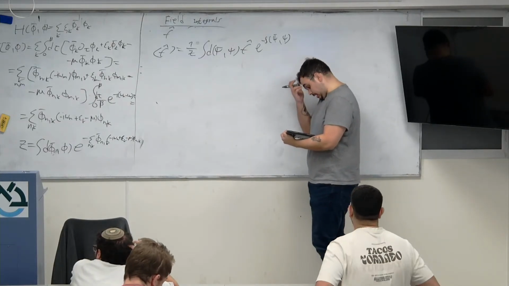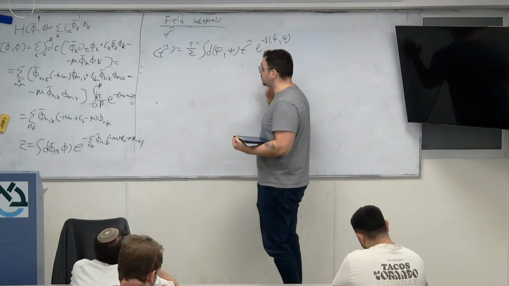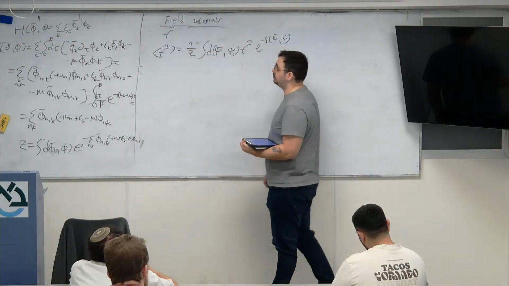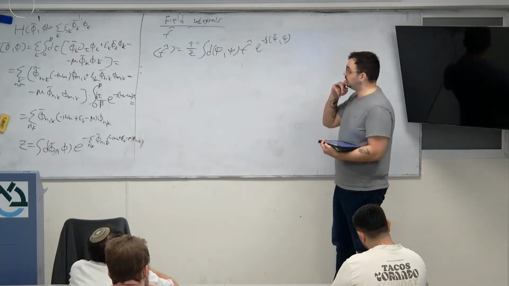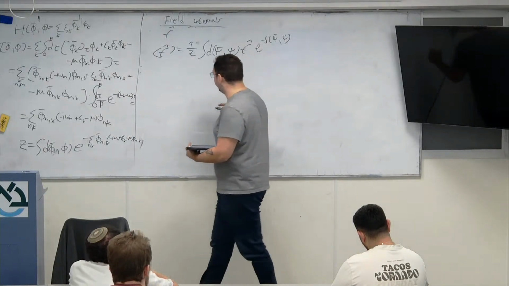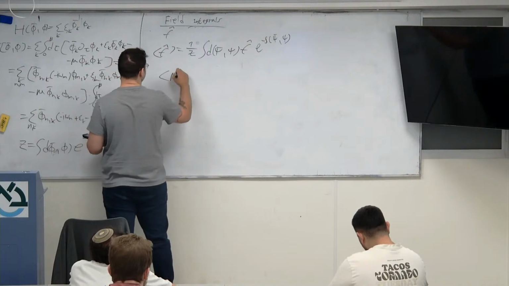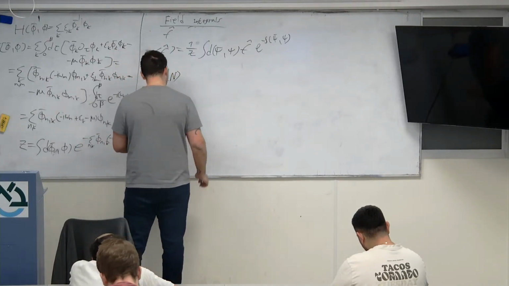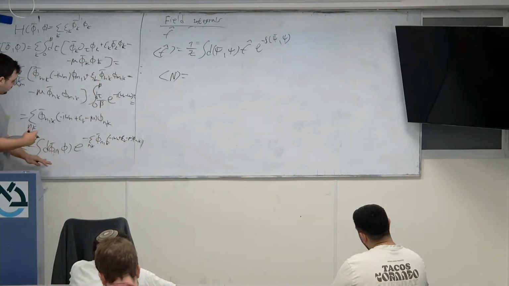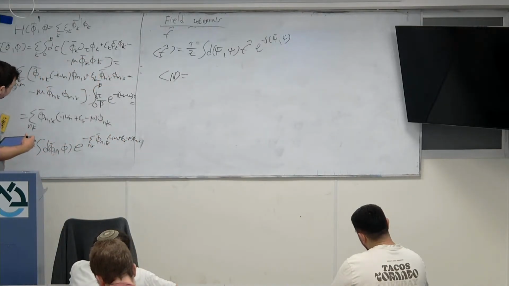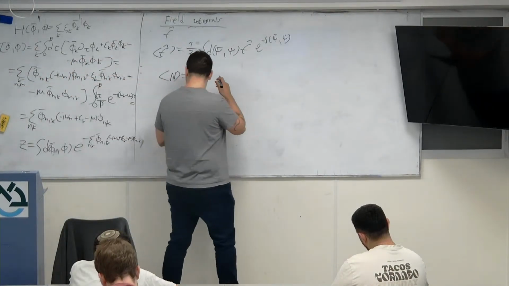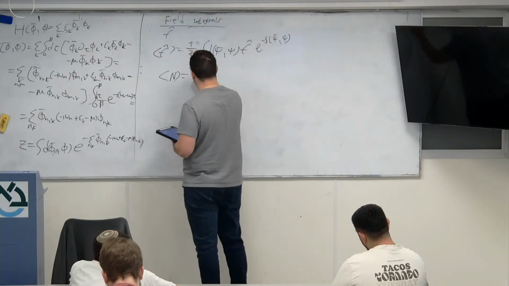Right. Now, let's try to use this to find some property of the non-interacting boson gas. For example, the number operator, the expectation value of n. Well, we saw that it's easier to work in the Fourier space. So I'll do two steps.